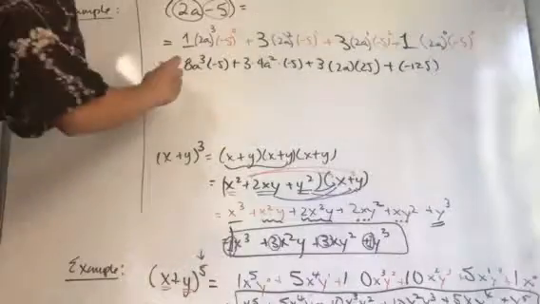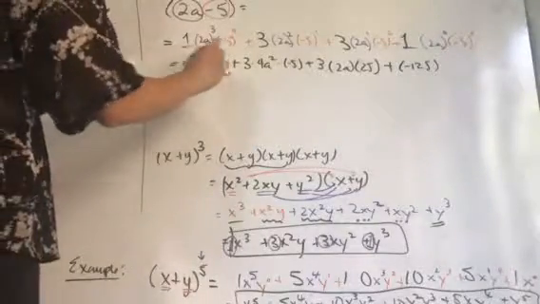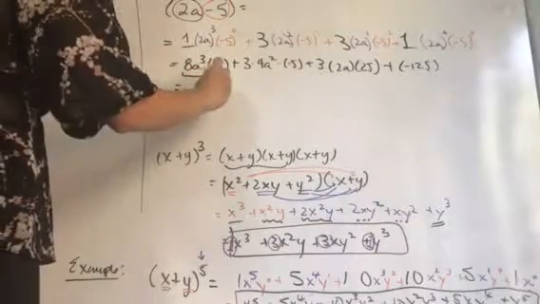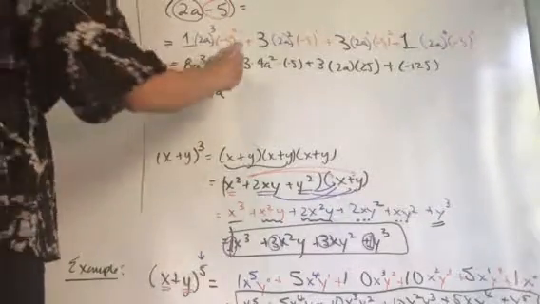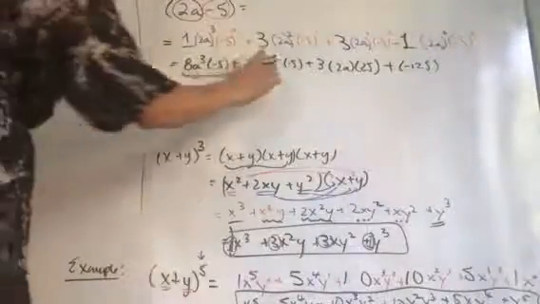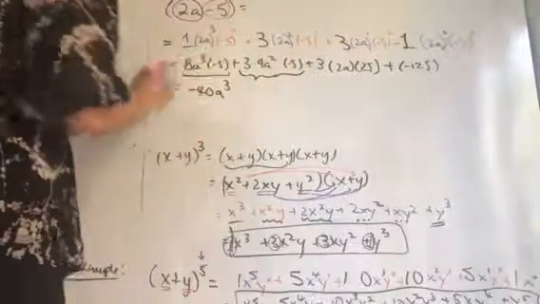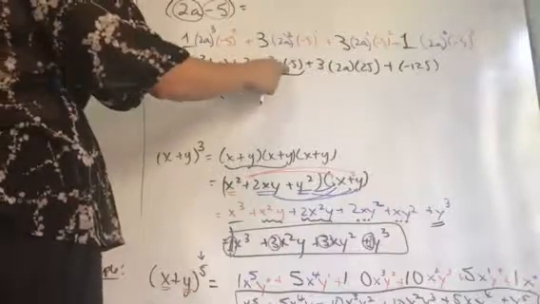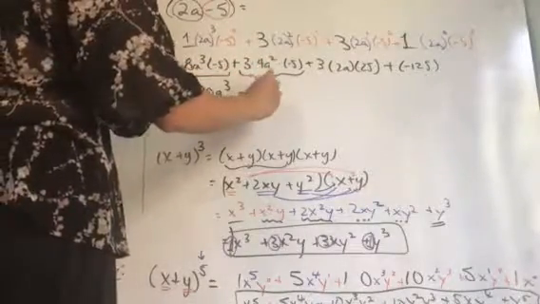So it could go a little bit further. For this term right here, we have negative 5 times 8 is negative 40a to the third. This term right here includes this piece right here, is 4 times 3, which is 12, times negative 5, which is negative 60a squared.